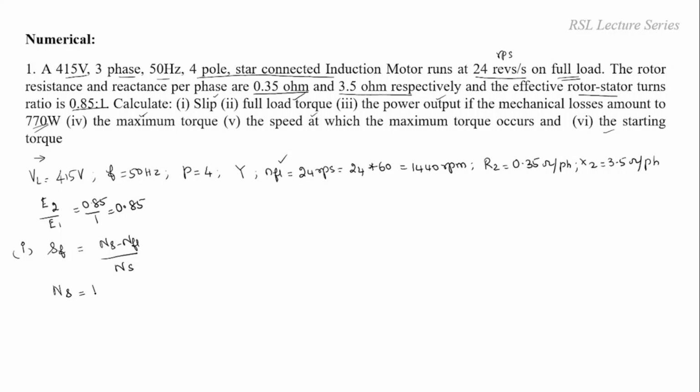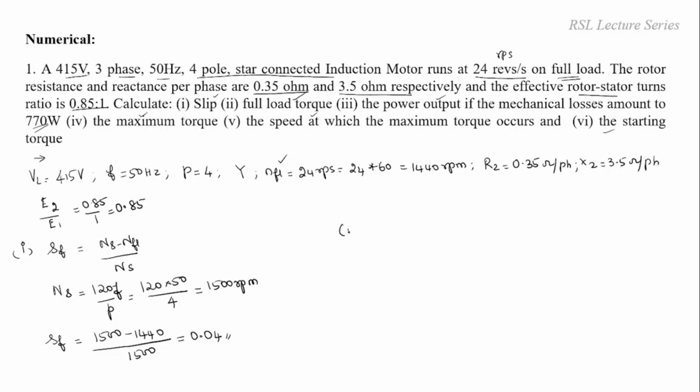So ns is equal to 120f by P. So 120 into 50 divided by 4 will be equal to 1500 RPM. Now we'll substitute in the slip equation. So this is (1500 − 1440), the speed corresponding to full load, divided by 1500, which is equal to 0.04. So this is the slip corresponding to full load condition.